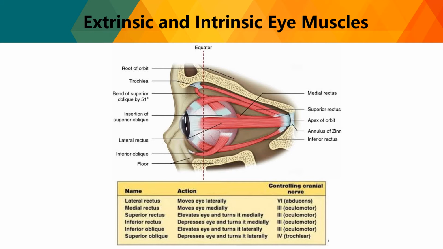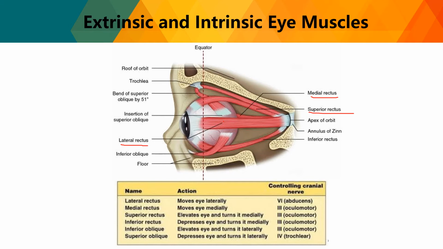Okay, so please be familiar with the different muscles. Again, you have the lateral rectus, this one. And then you have the medial rectus. Okay, so your medial rectus is here. And then you have the superior rectus, this one.